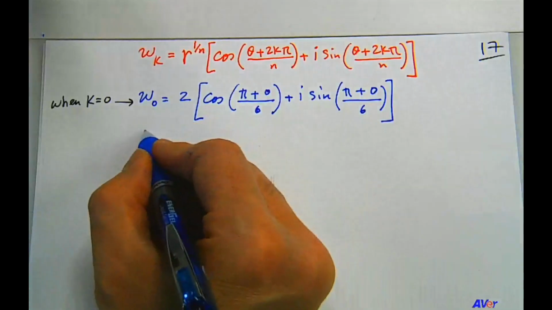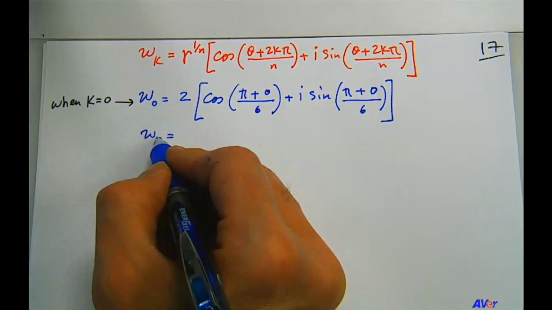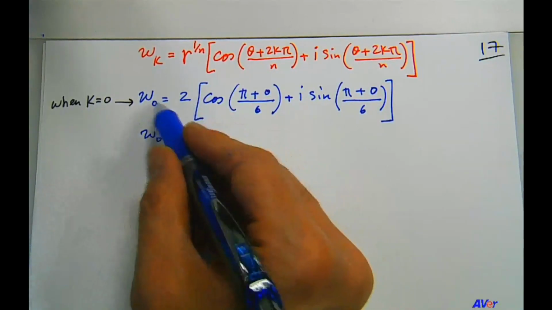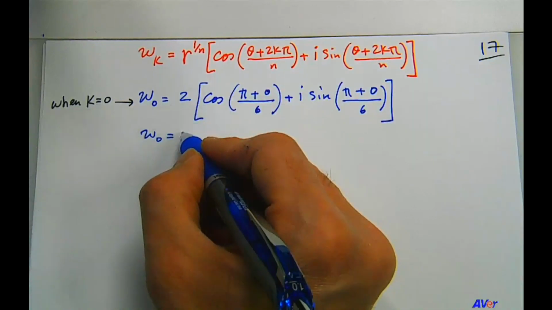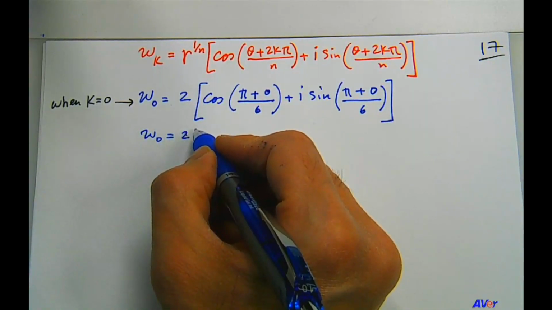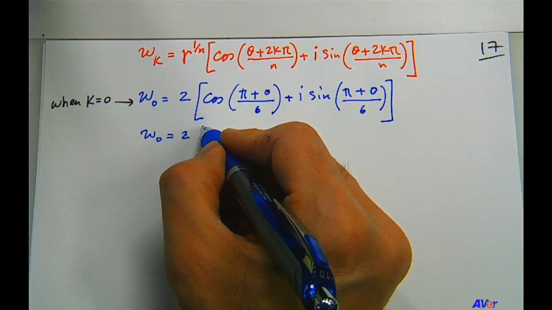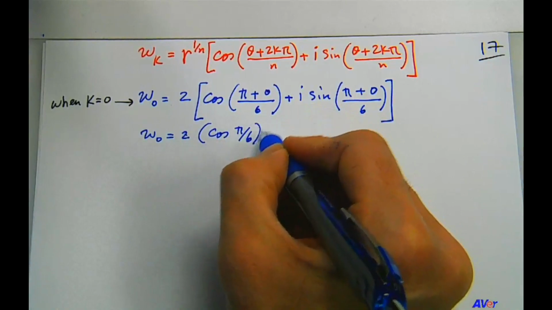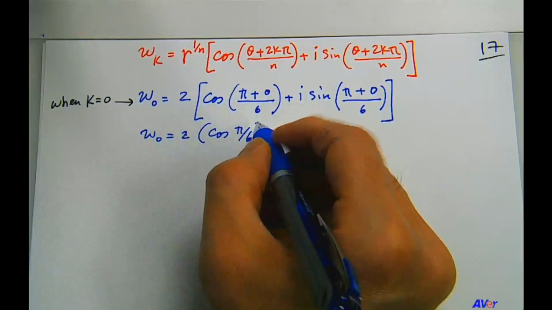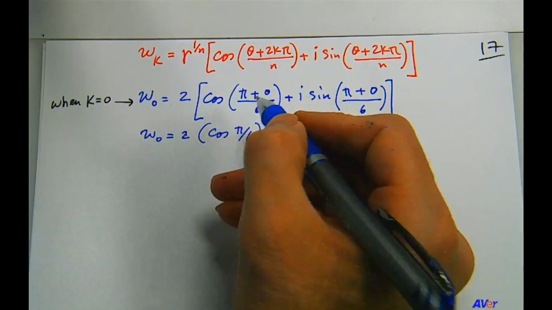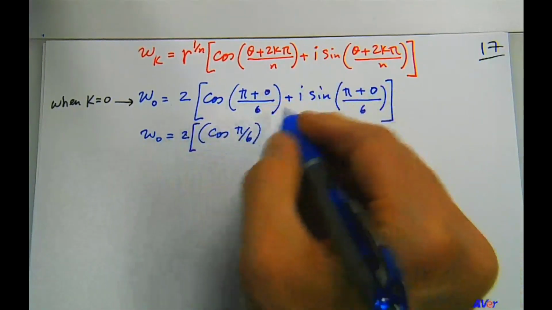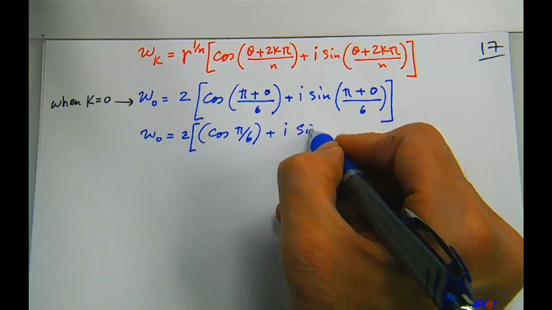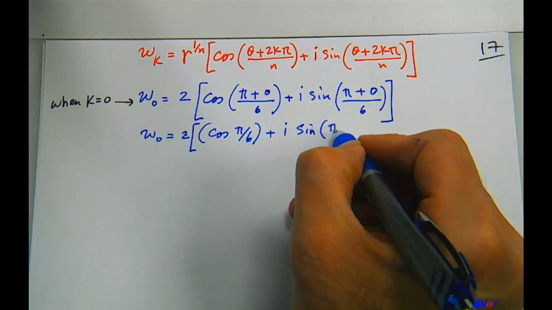So this will be the first root, for which k is equal to 0. It's going to be 2 times cosine of pi over 6, plus i times sine of pi over 6.